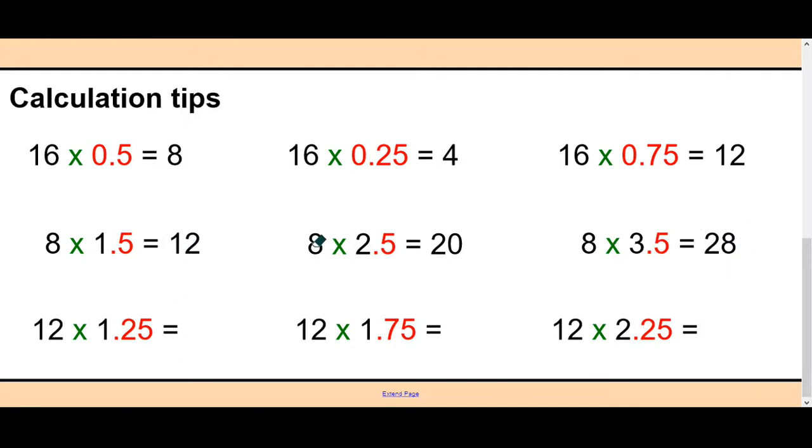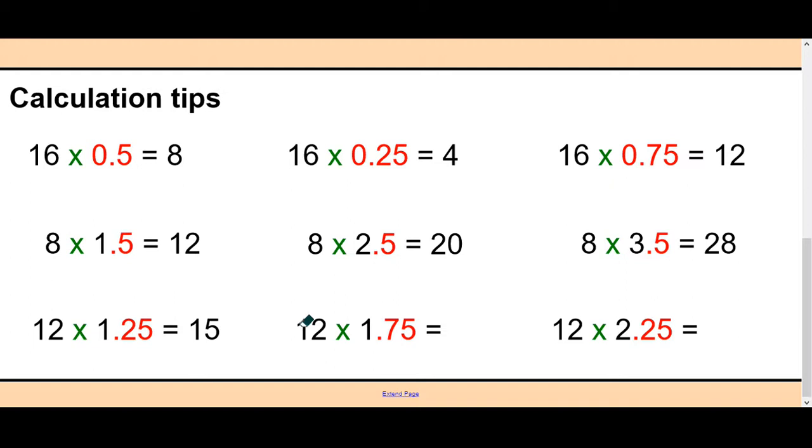I would practice some of them again, maybe with a calculator next to you, and try out your mental maths ability. Some harder ones down here: to times by 1.25, instead of adding on a half, you're doing 1 times 12, which is 12, and adding on a quarter of 12. A quarter of 12 is 3, so you get 12 plus 3, that's 15.